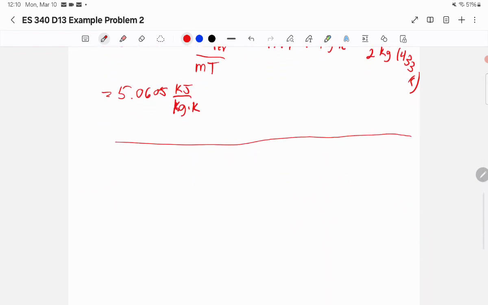Now, what we're going to use is the energy balance equation in this case, right? Delta E has to be equal to Q minus W, which equals delta U plus delta KE plus delta PE.